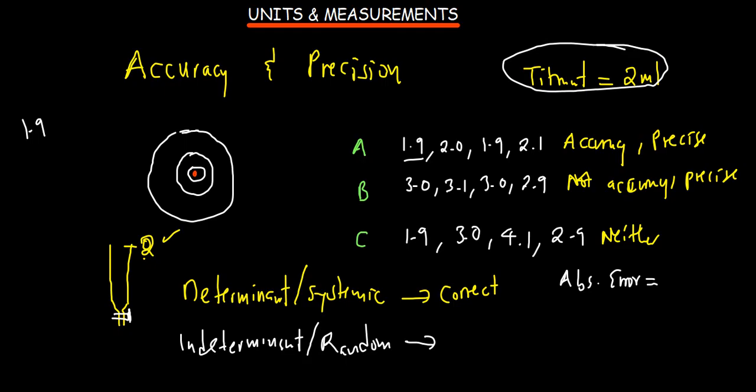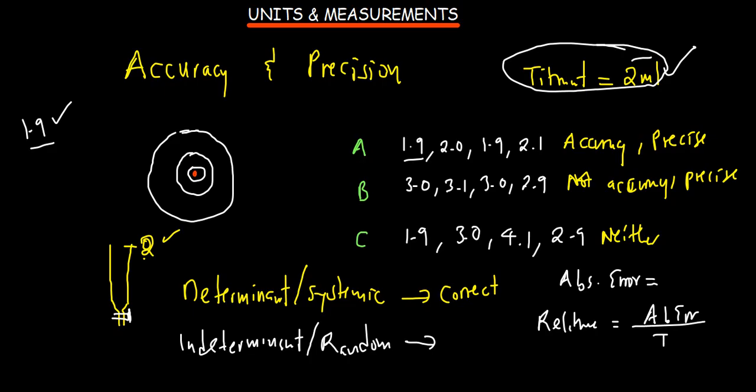The absolute error is simply the true value minus the recorded value. The true value is 2, the recorded value is 1.9. If I subtract these two values, I am going to find the absolute error. Then the relative error is given by the absolute error divided by the true value.